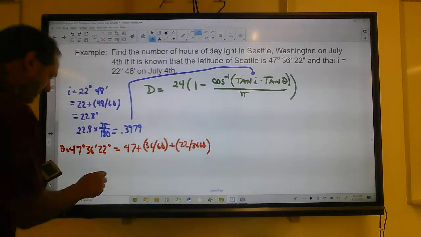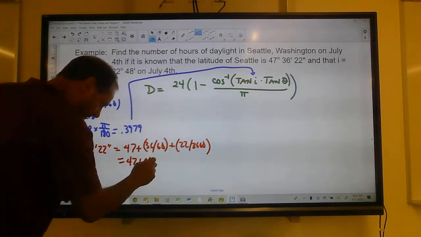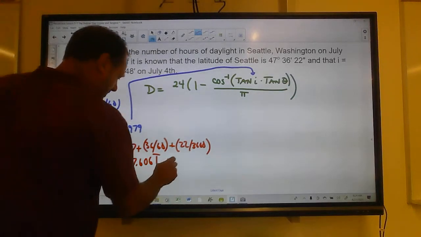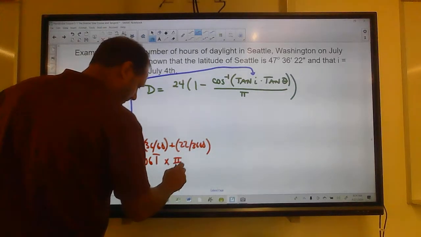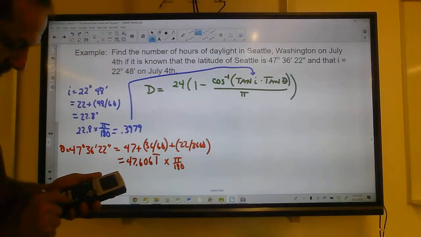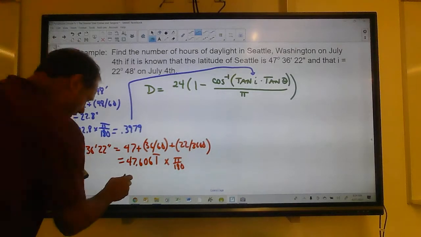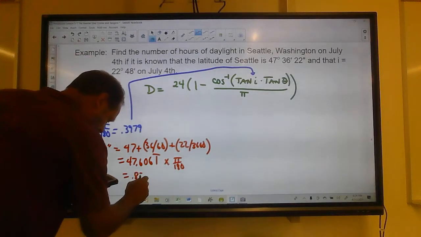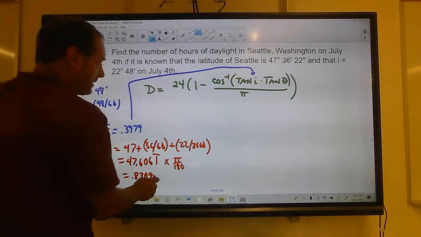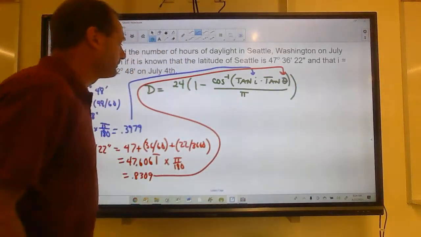That comes out to be 47.6061 repeating. Now we multiply that by pi over 180 to convert it to radians, and we get 0.8309. This is going to go here.